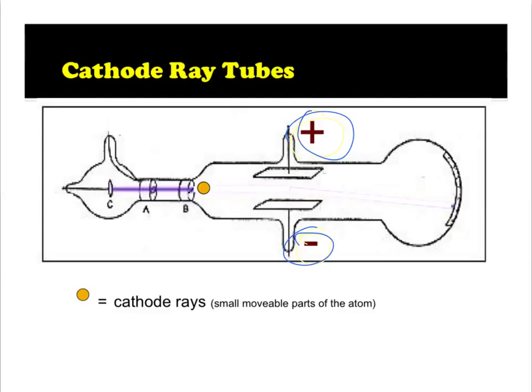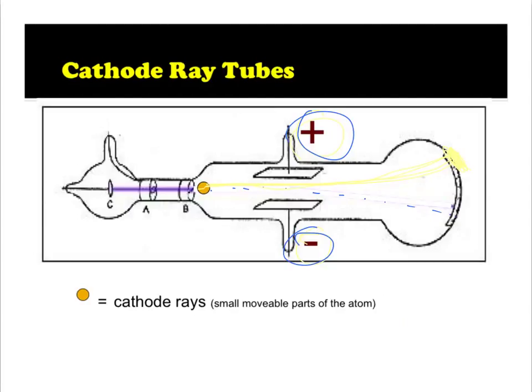So thinking if these pieces were affected by gravity, again we should see them heading down here. But what we really see is that once again they curve towards that positive side, and we saw a lot of hits up here towards the top.